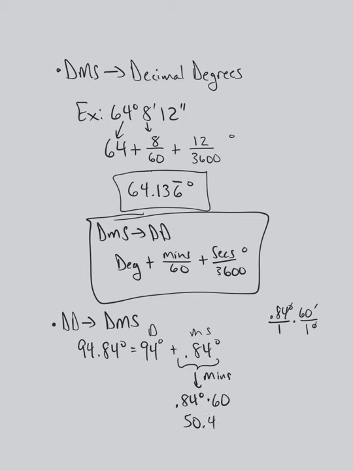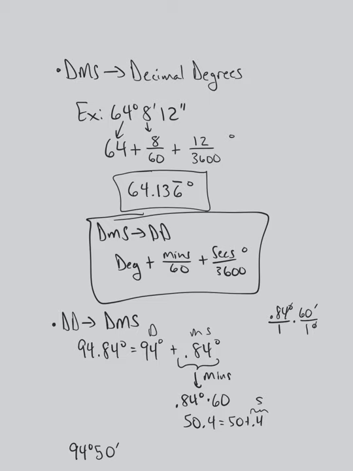Remember with DMS, we're trying to get whole numbers for these. So 50 is the number of minutes, and the number of seconds is going to come from the decimal part. Let's start writing the answer. We have 94 degrees and 50 minutes, and then this is 50 plus 0.4, so this is where I'm going to get my seconds from.